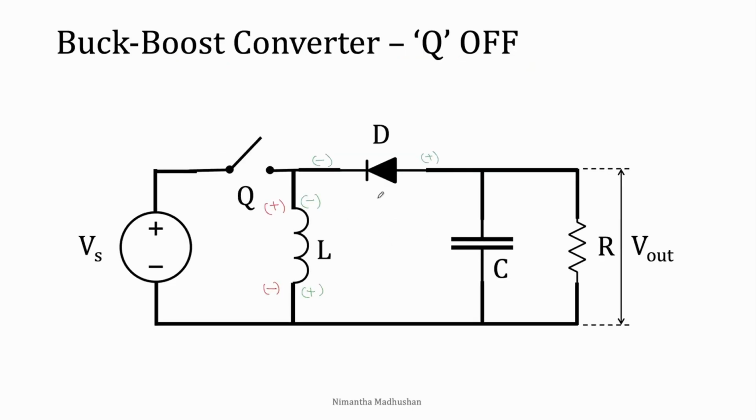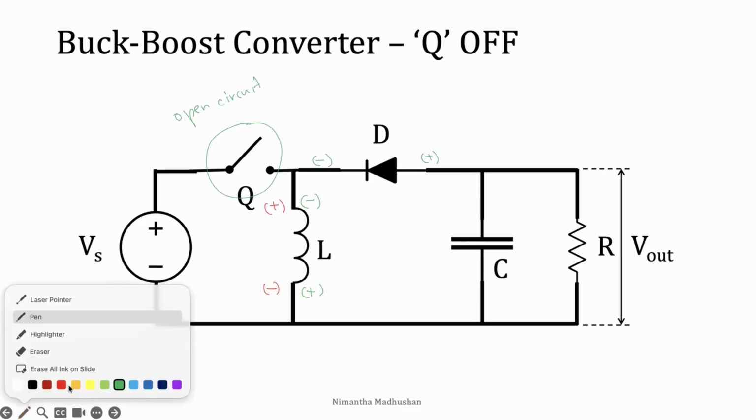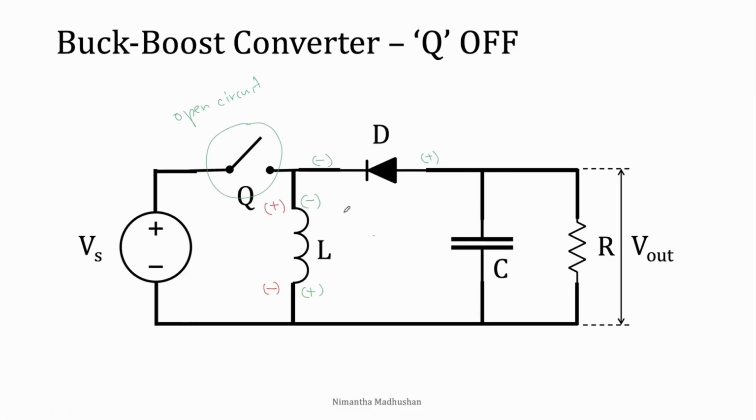Then we can see there's a closed path through inductor, through the load, and through the diode. This one is open circuit. And if we consider the current path, we can draw like this.